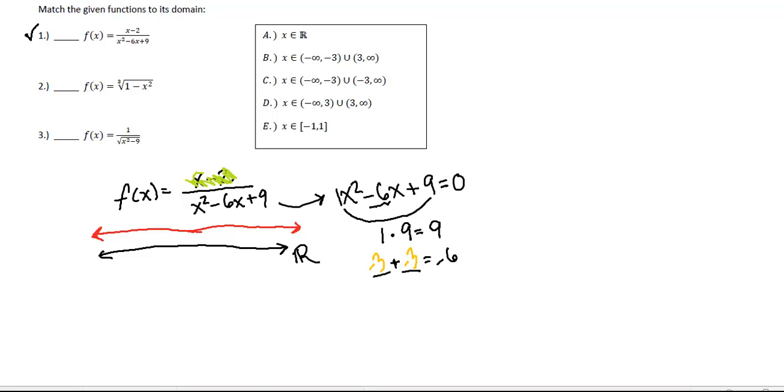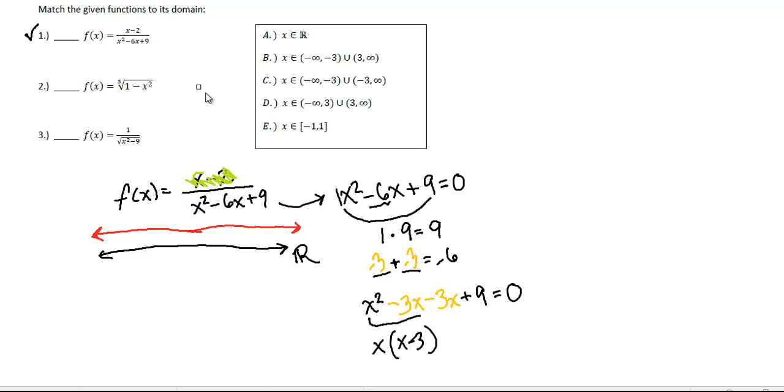Alright, so now what I end up with is x squared, and I'm going to rewrite the middle part to have those magic numbers instead of just that one term: minus 3x minus 3x plus 9, and that's going to equal 0. Now I'm going to factor the GCF out of that, and I get x, and I'm left with x minus 3.